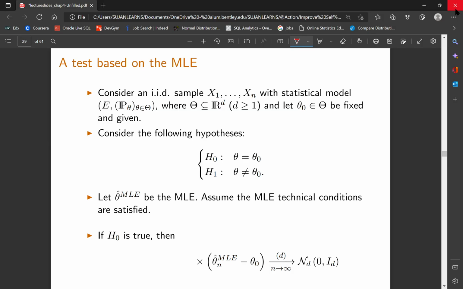Now we need to estimate theta. We don't know what theta is, so we need to estimate that using theta MLE.